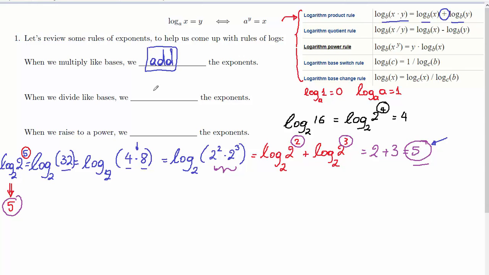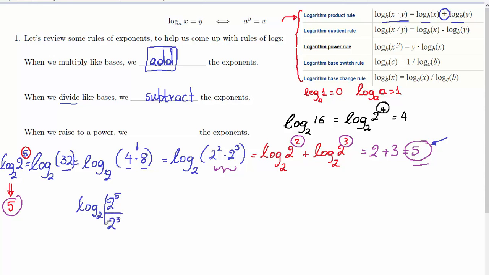On the other side, we have another property that says if we divide like bases, we subtract the exponents. Basically what we do is take the exponent of the numerator and subtract the exponent of the denominator. Okay, let's see. Log with base 2 of 2 to the 5th divided by 2 to the 3rd.